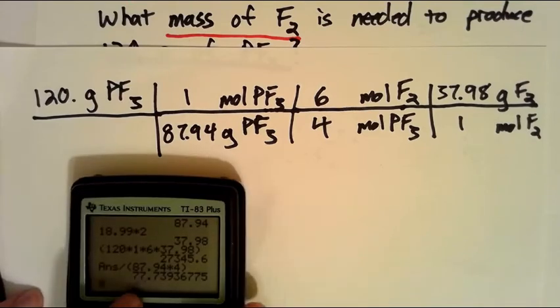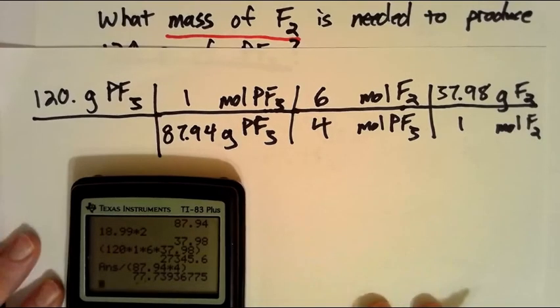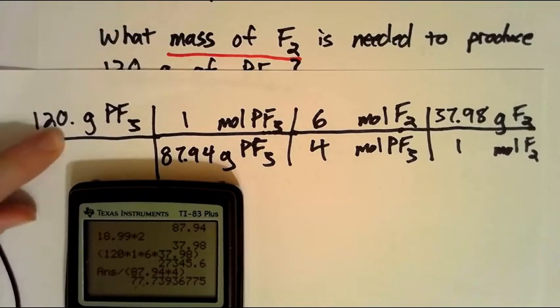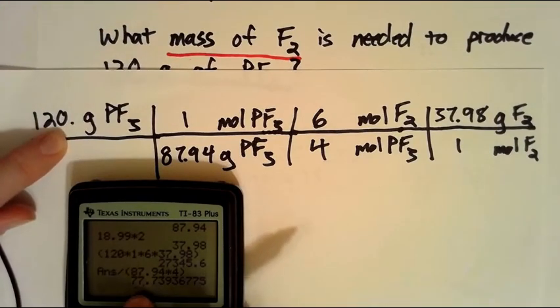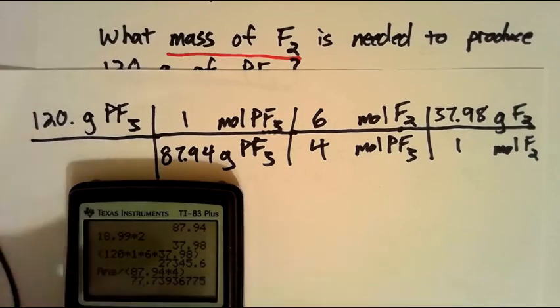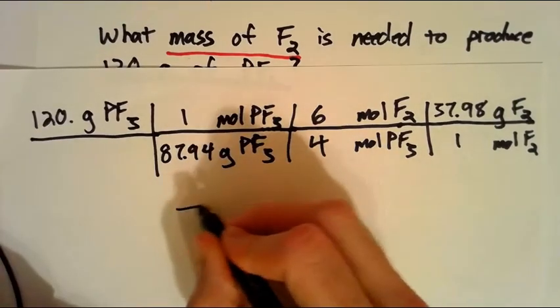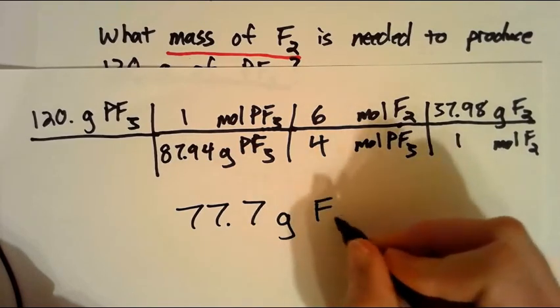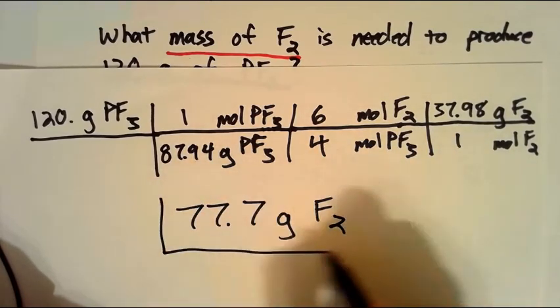And I will get 77.73 something. So let's go back to our original problem, and we started with 3 sig figs here. So let's make sure we have 3 sig figs in our answer. That'll make 77.7 grams F2. And that's my answer.